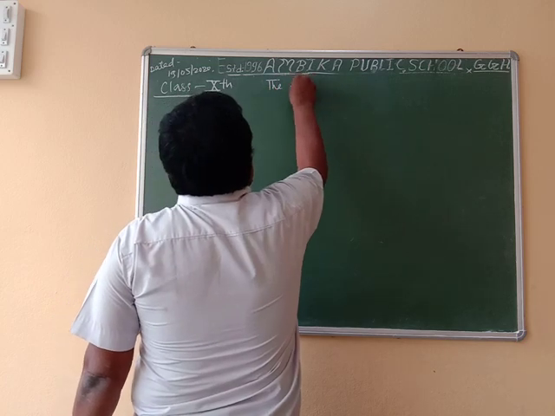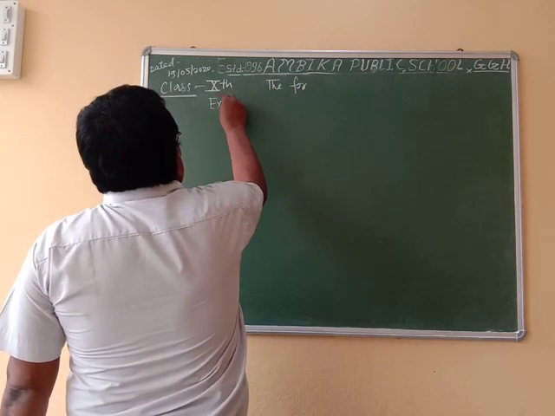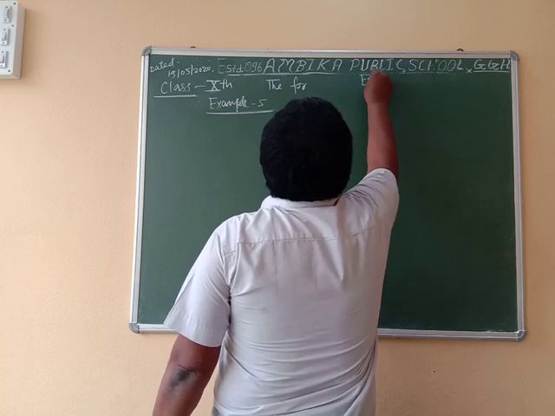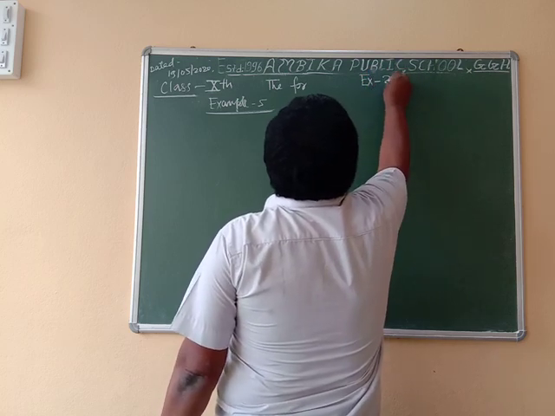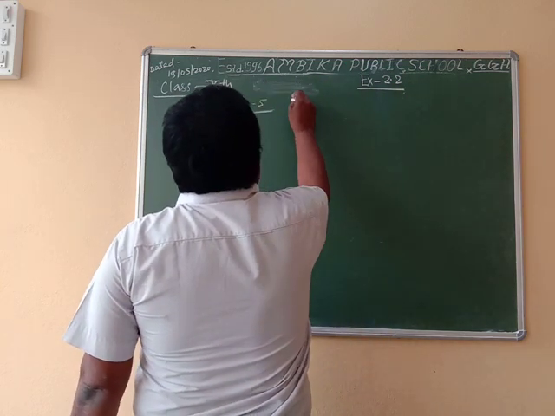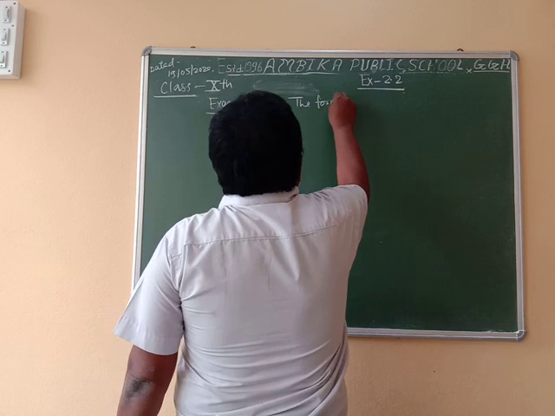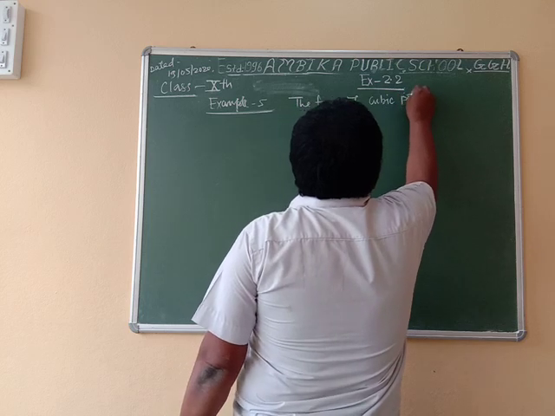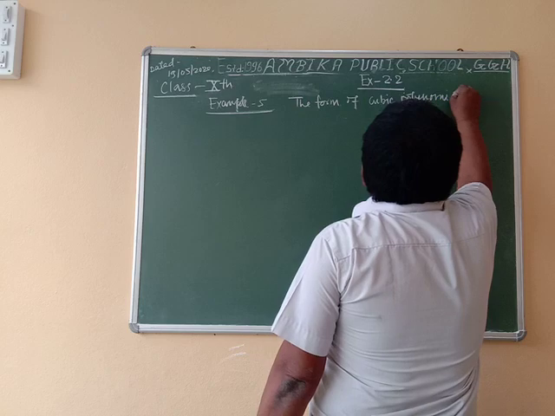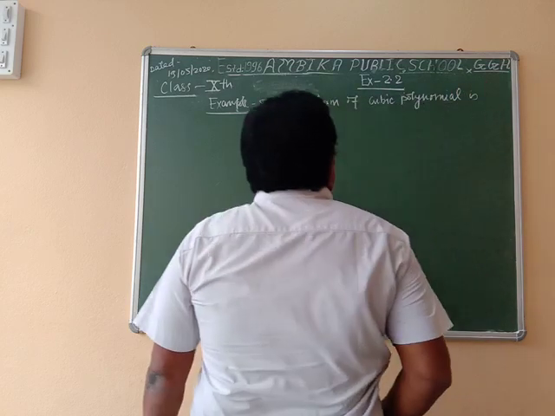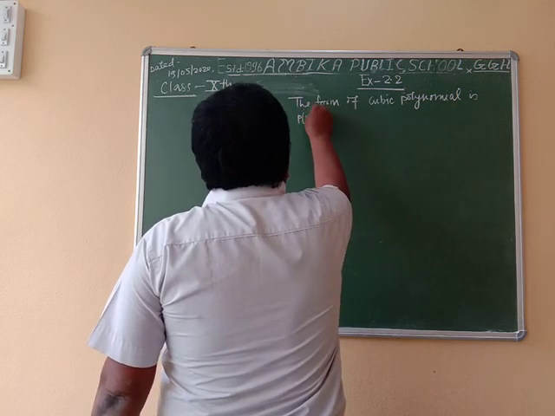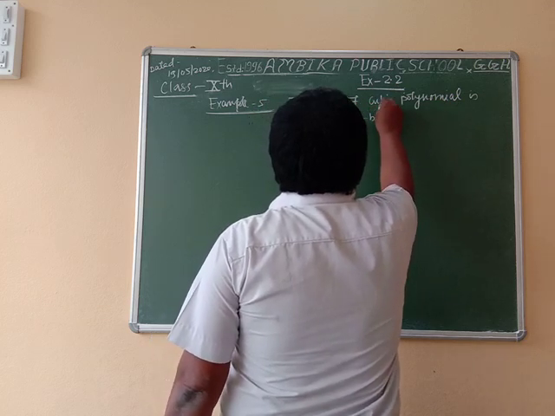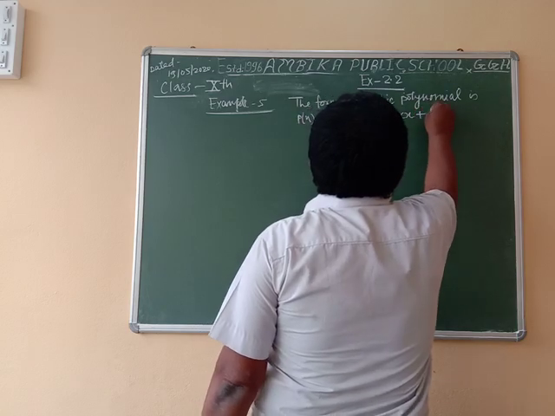The form of a cubic polynomial, in example 5, exercise 2.2, is px equal to ax cube plus bx square plus cx plus d.